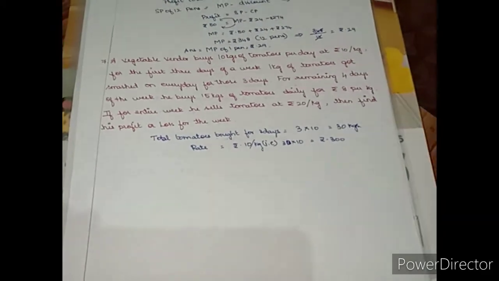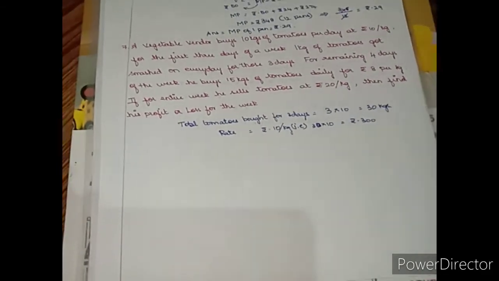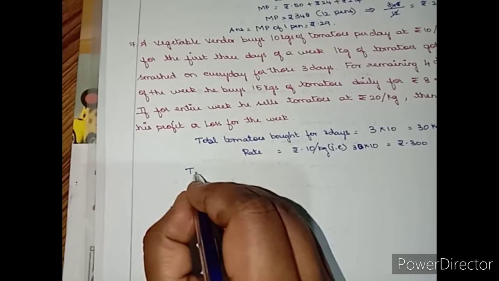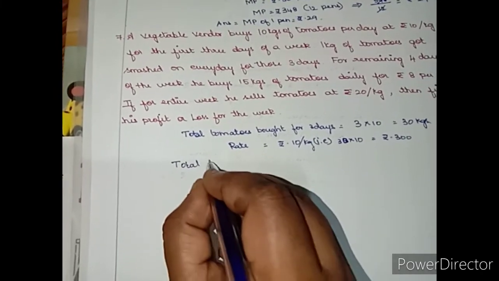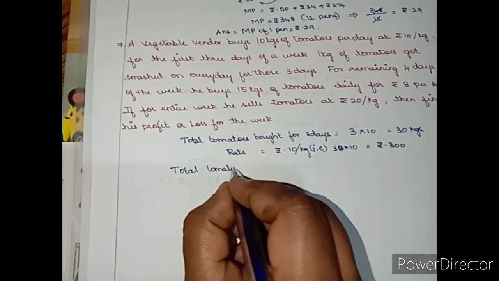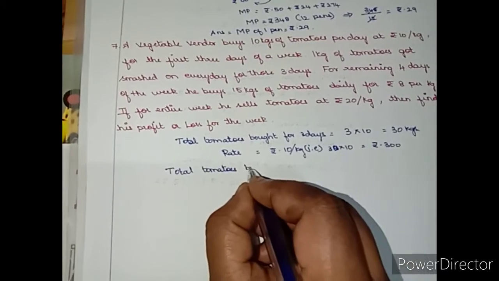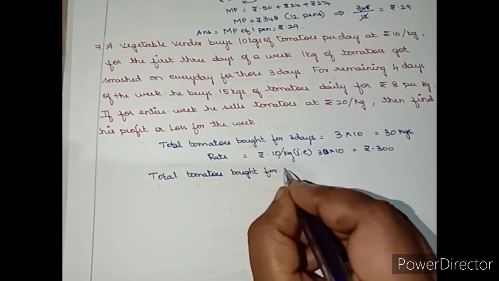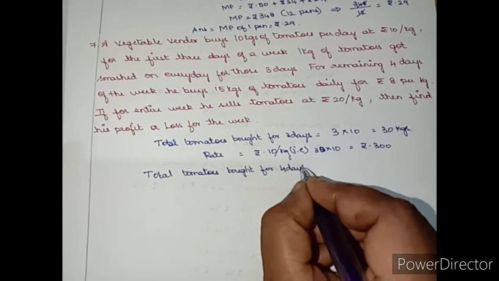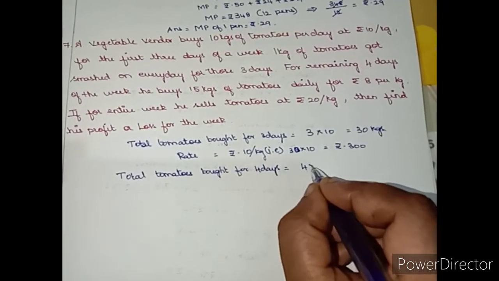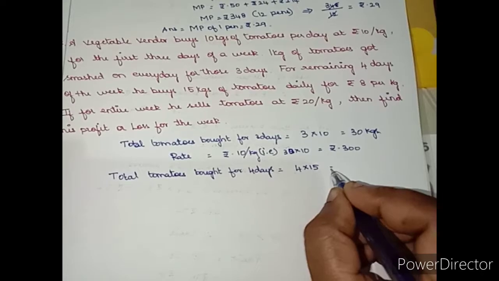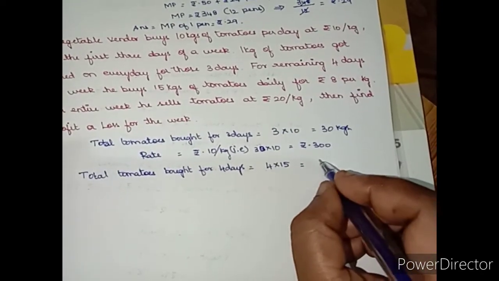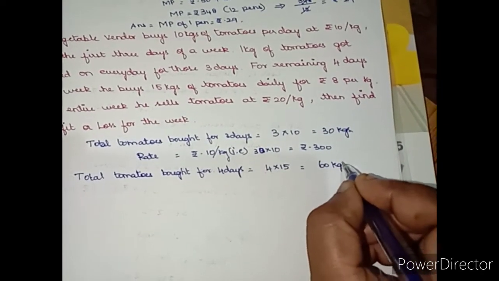Okay, so next one, next 4 days, total tomatoes bought for 4 days is equal to 4 into 15 kgs. So 4 into 15, it is 60 kgs they are buying.